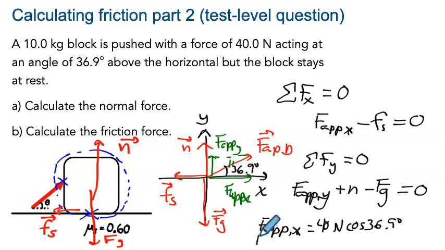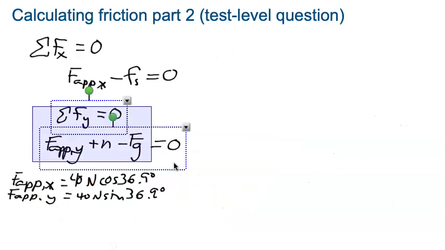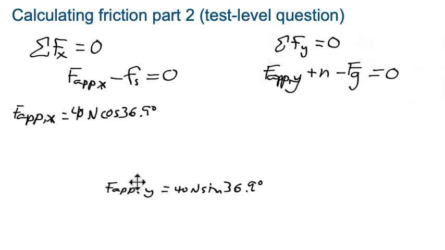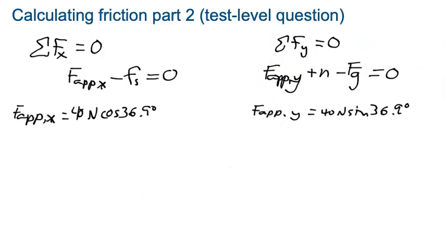And we can do the same thing for the y component of the force, which will be equal to 40 Newton times the sine of 36.9 degrees. So combining all that information, we will be able to get the answer very quickly. Allow me to make a bit of room. I'll just put the y components on one side, x on the other side. So we have that piece of information here, that piece of information there, and we're ready to finalize this.